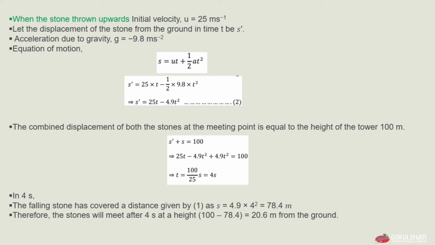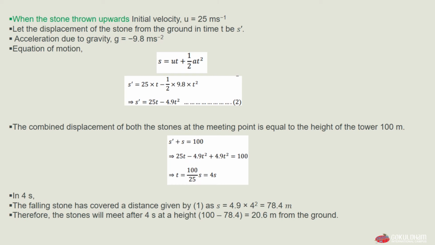So the equation of motion you all know is s equals u multiplied by t plus 1 by 2 a t square, and by substituting the values, for displacement of the stone from the ground, s dash, we'll get s dash is equal to 25 multiplied by t minus.